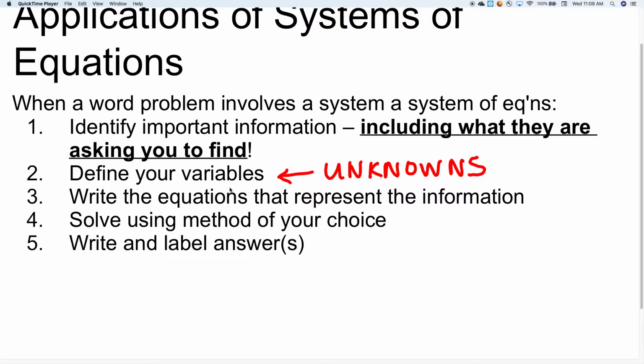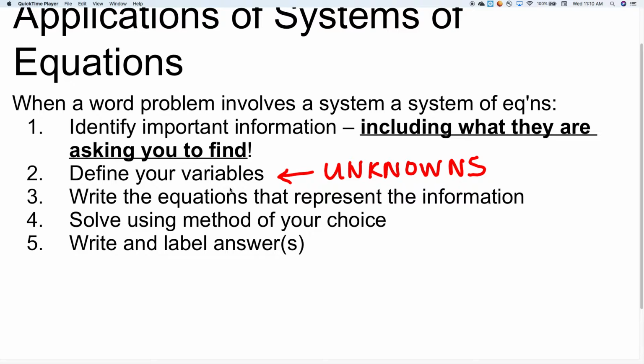Write and label your answers. When the problems of our systems are without context, we always want to write our answers as ordered pairs and ordered triples, and we need all the answers. When it's a word problem, focus on the question that's being asked of you. You may need to find all the variables. You may need to find only one variable.